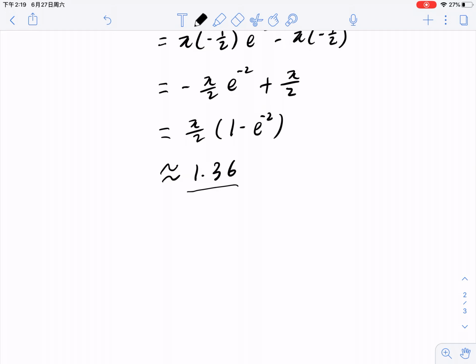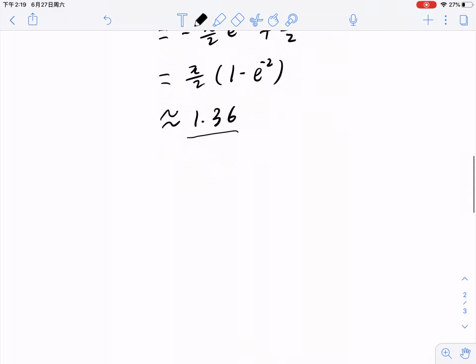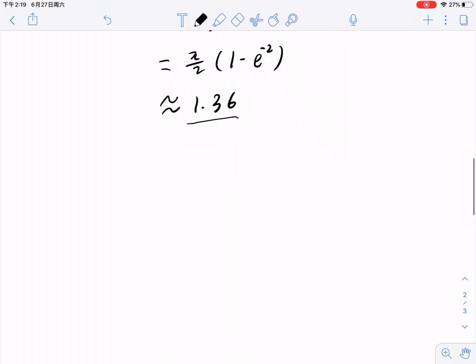So this is about how to calculate the volume of a revolution. So next we look at how to calculate the arc length of the curve y is f of x.